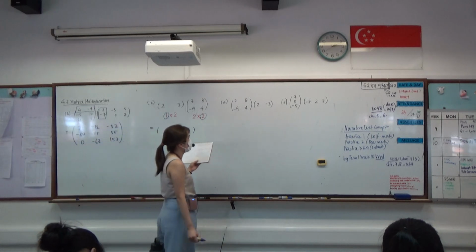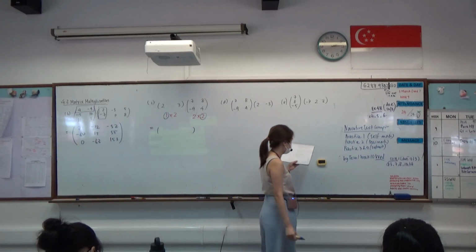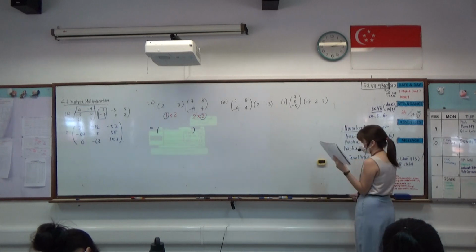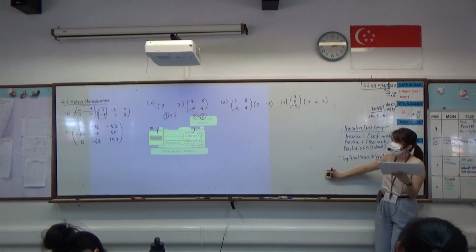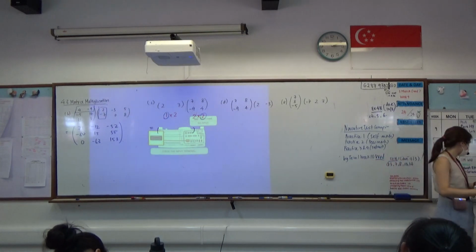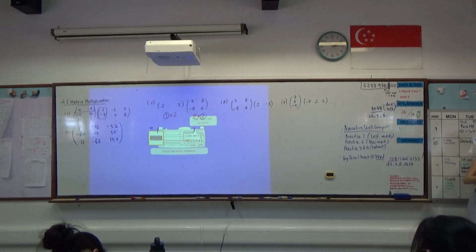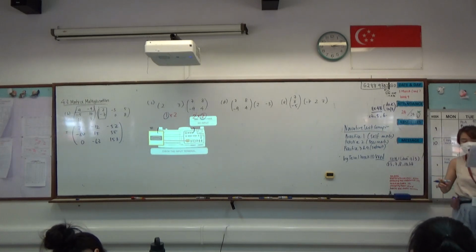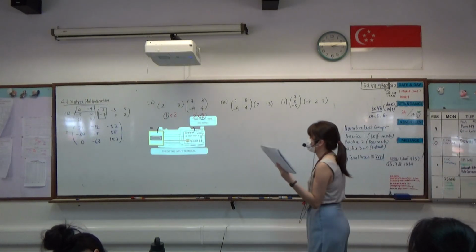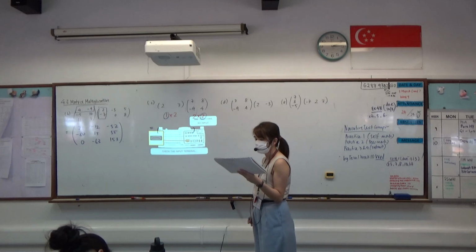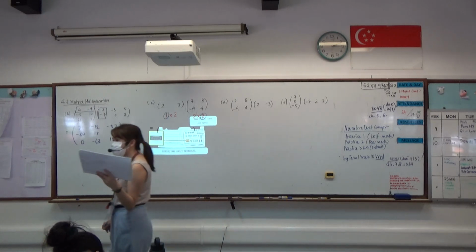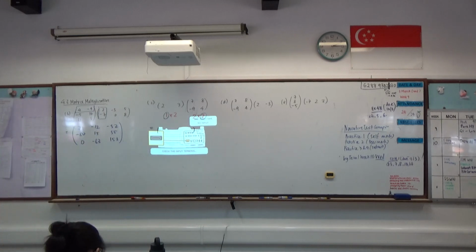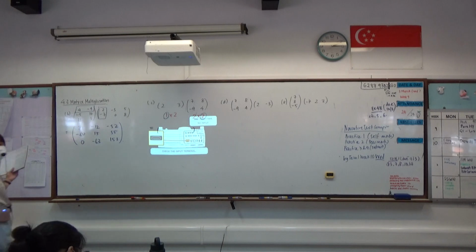If you're fast enough, you can try part D and E. Okay. So for part C, what is the answer? Negative 13 and 28.